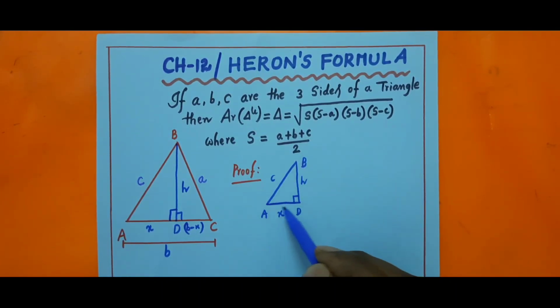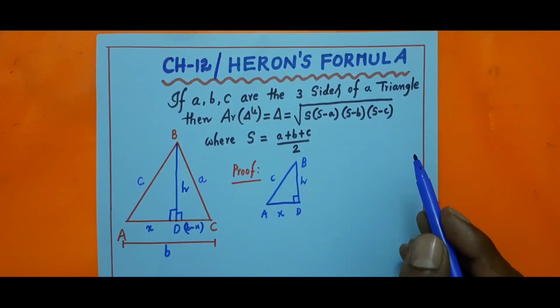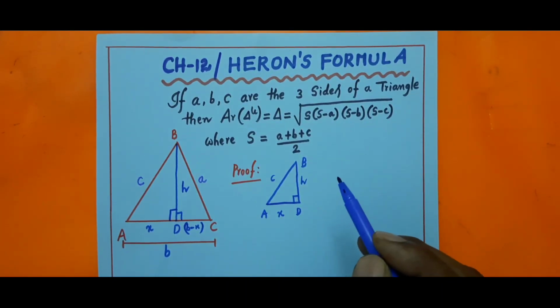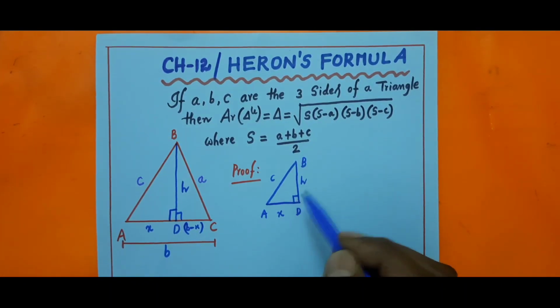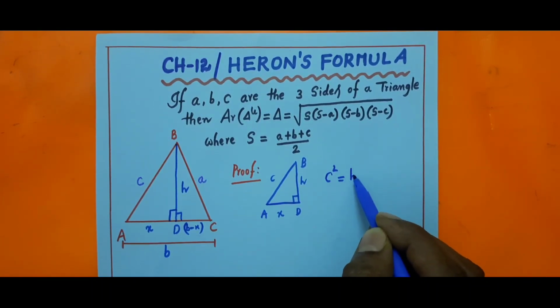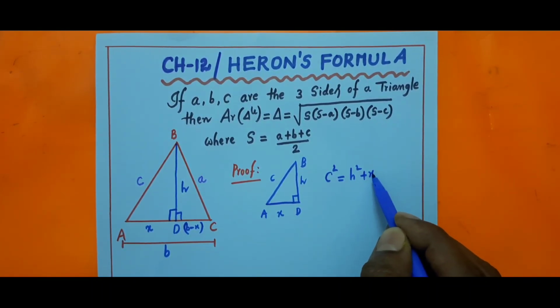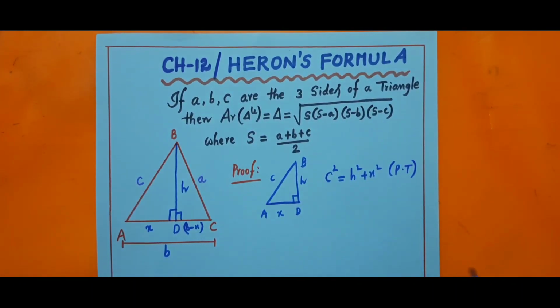Here, as it is a right angle triangle, we can use the Pythagoras theorem. What is the Pythagoras theorem? Hypotenuse square is equal to side square plus side square. So you can write c square is equal to h square plus x square. That is from the Pythagoras theorem.